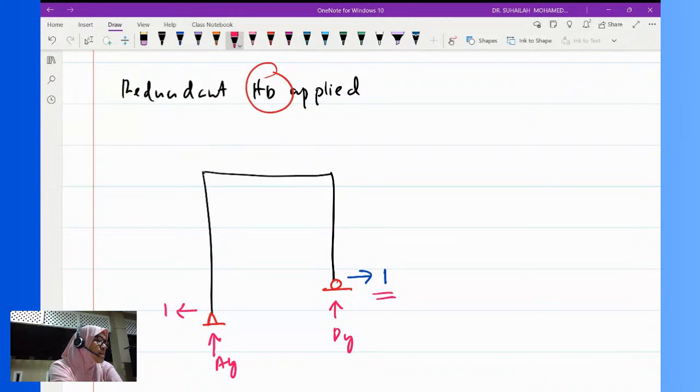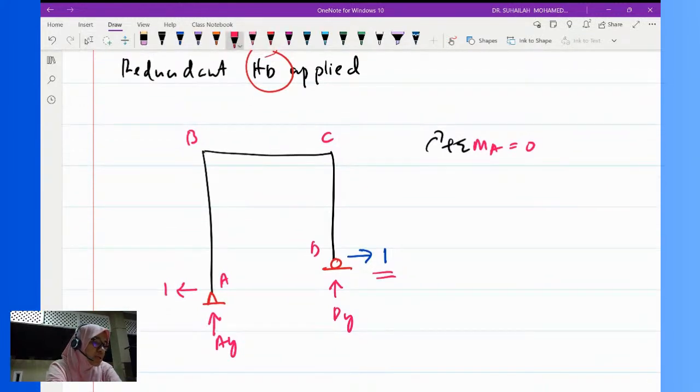Now taking moment at A equal to 0: negative 5 DY, it is negative towards A, and plus 1 times 2, it is positive.